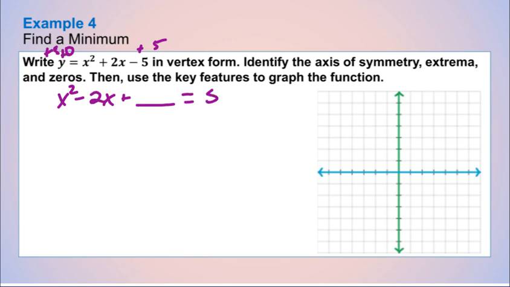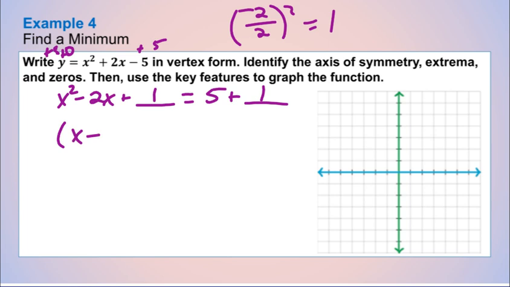So that means I have 5 plus blank. So I take my b, which is negative 2, divide that by 2, then square it, will give me 1. So I add 1 to both sides, and now I have x minus 1 squared equaling 6.